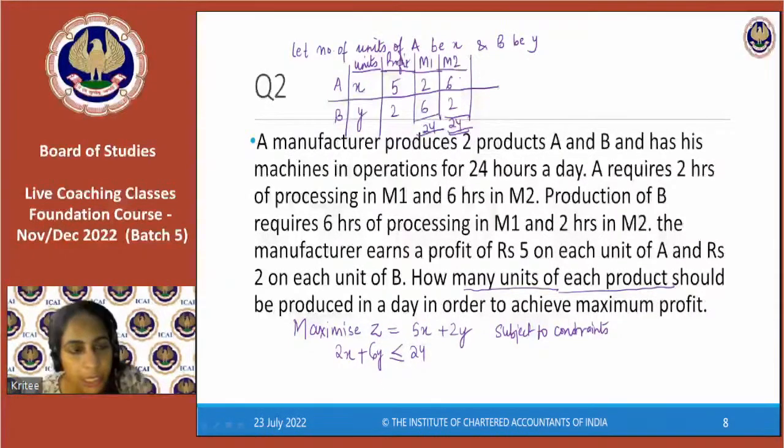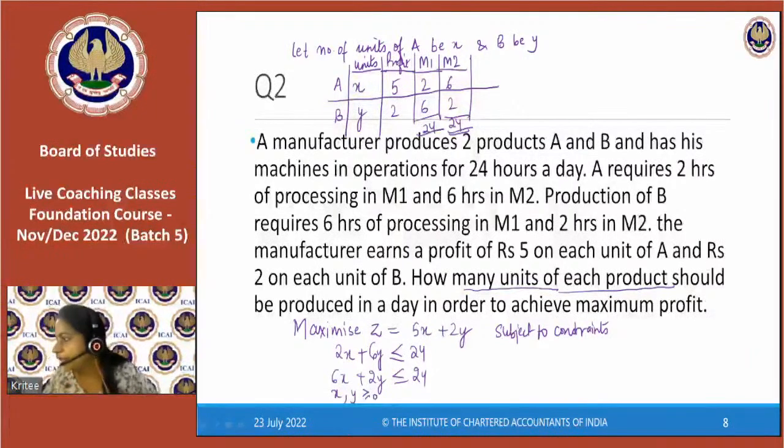Again, if 1 unit of A requires 6 hours in machine 2, then X units require 6X. If 1 unit of B requires 2 hours in machine 2, Y units will require 2Y, to be less than or equal to 24. And the number of units of production should always be positive.